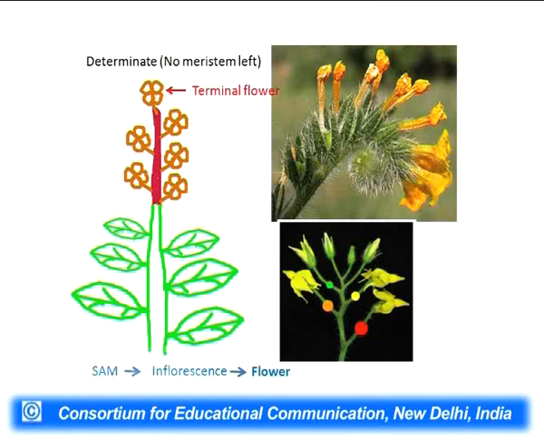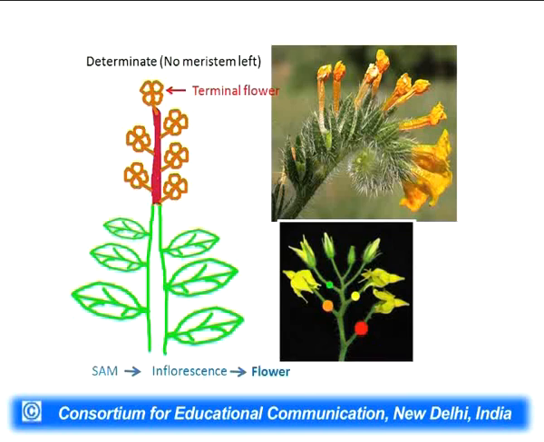In contrast, the ones we call determinate are those where none of the meristems in the inflorescence are left aside as a meristem. Here you can see something called a terminal flower. Terminal flower means the very tip of the meristem converts into a flower.